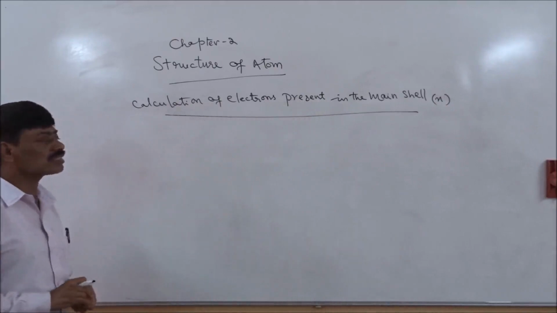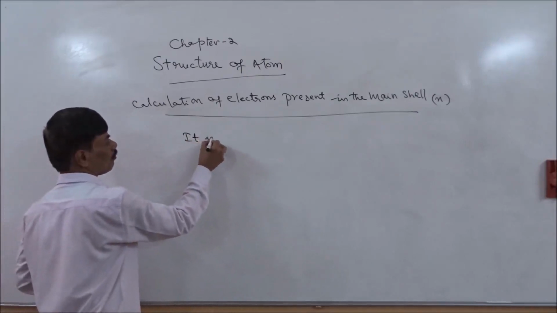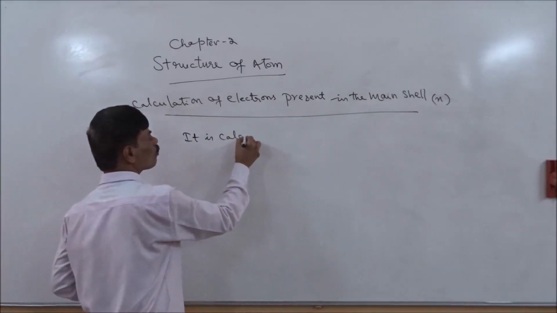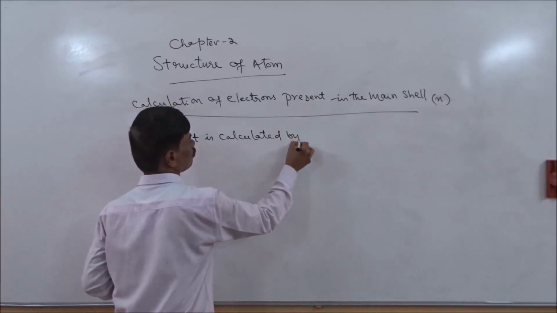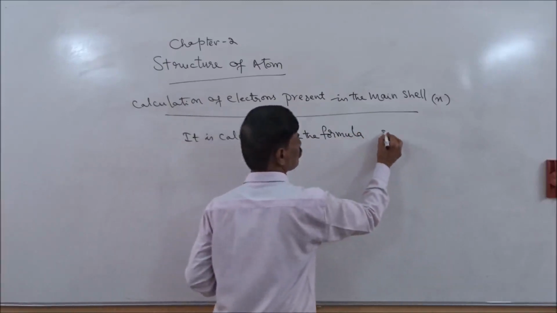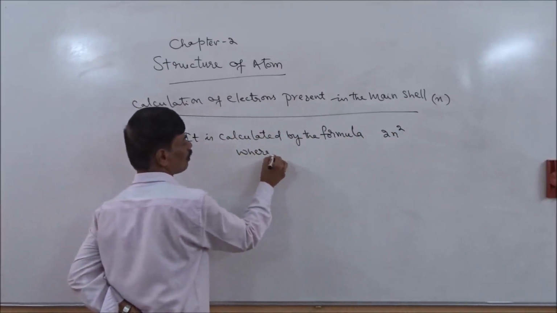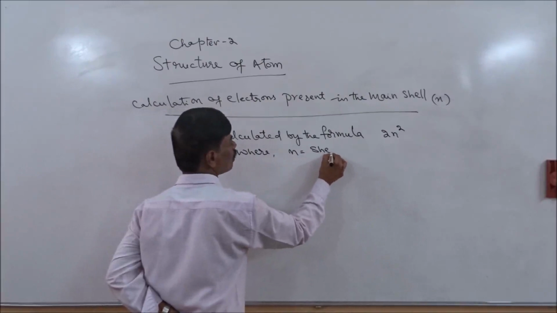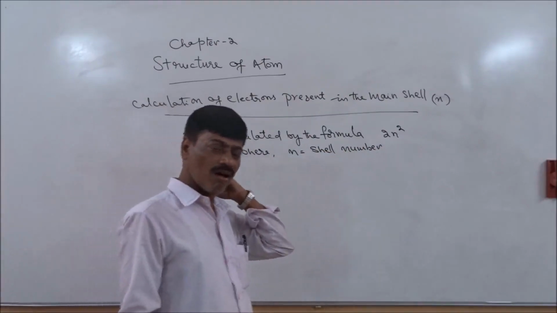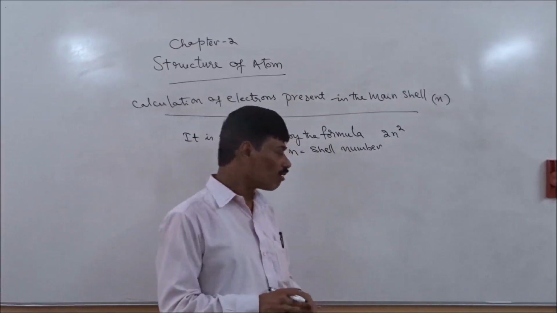So number of electrons present in any principal quantum number or main shell is calculated by the formula 2n square, where n is equal to shell number, main shell number or orbit number or main energy level number or principal quantum number value. All these mean the same.